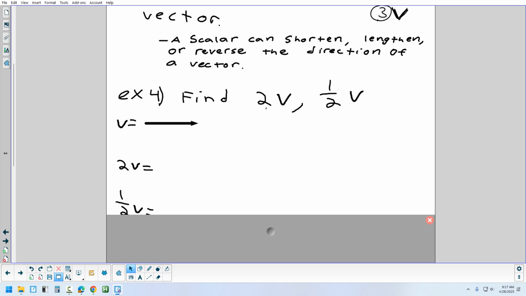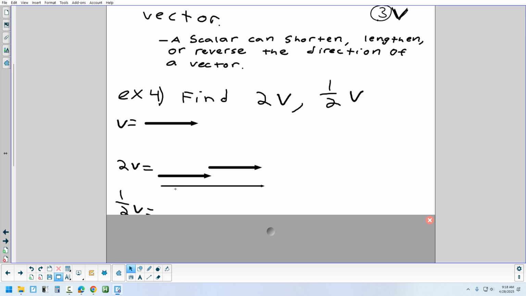I want to do this as exactly as I can, but I don't have a ruler to measure anything. Make a duplicate and add it on to the first one. Yep, so just take 2 of them, stack them together, and then draw your answer. So this is 2v.